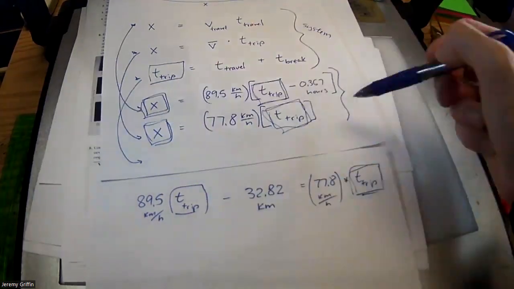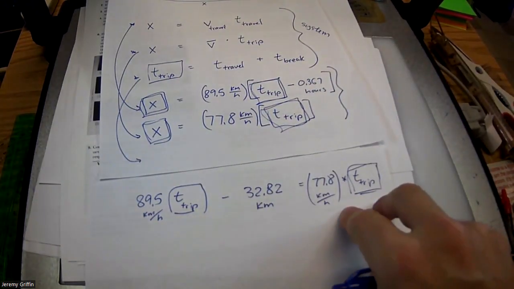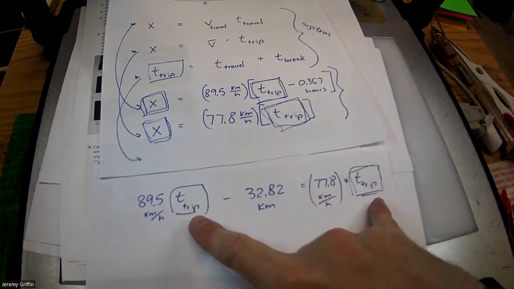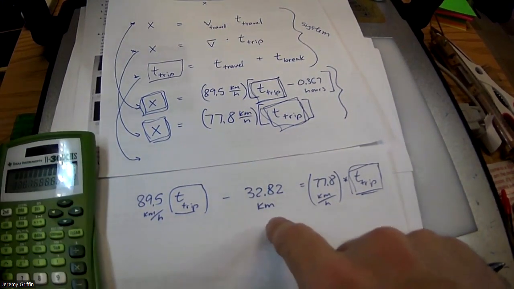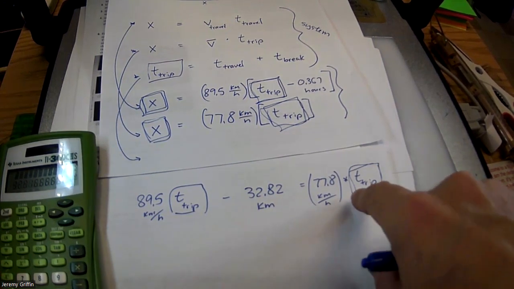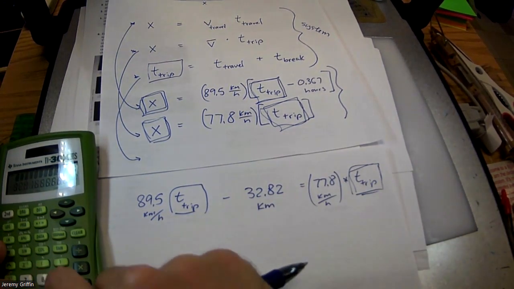Now by setting that equal to that, boom equals boom. Now I've got down to one unknown, so I can solve for the total trip time. Subtract this over.